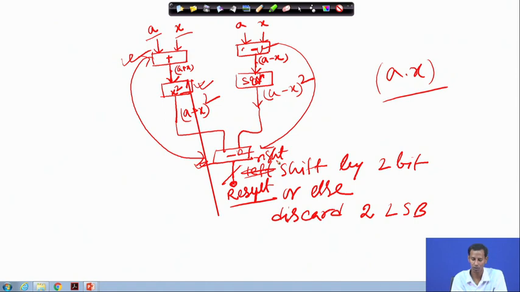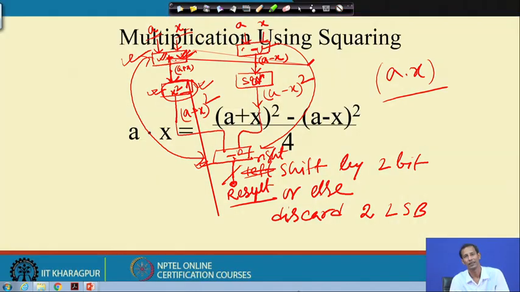Why? Because whatever benefit I get in the squaring circuit, if the length of A and x is more, the complexity, area requirement or speed requirement for the extra overhead of this adder and subtractor will degrade the optimization I am getting from the squaring circuit.